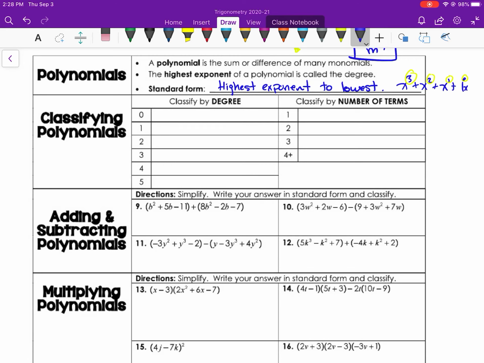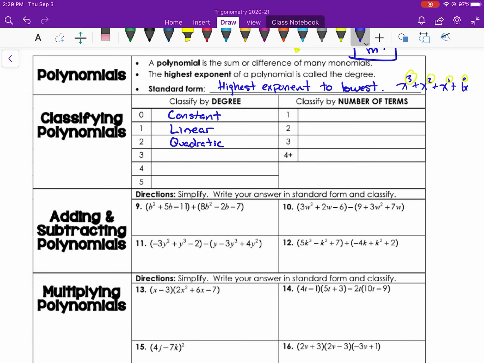Let's talk about polynomials. We're going to classify them by their degree and by their number of terms. A 0 degree polynomial we consider a constant. A first degree polynomial is considered linear. These two things you did a lot with in Algebra 1. At the end of Algebra 1 we did the next one, a second degree polynomial, which we call a quadratic.